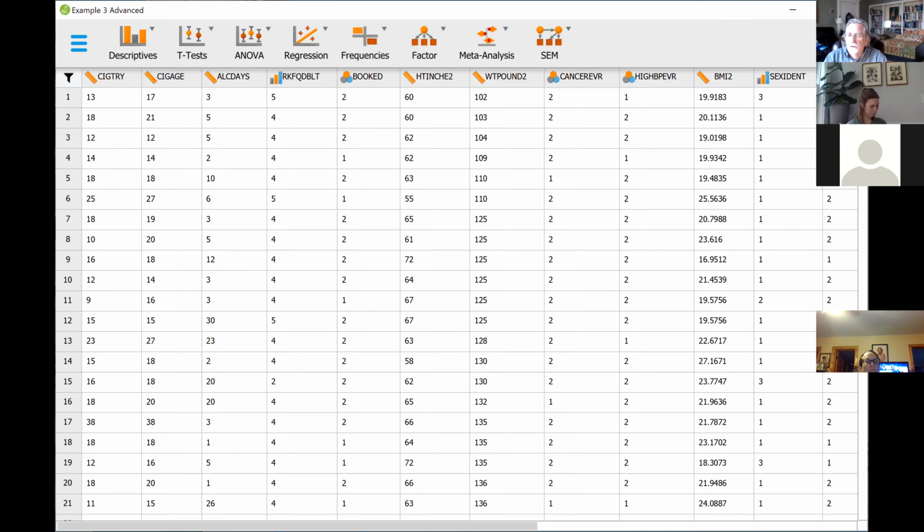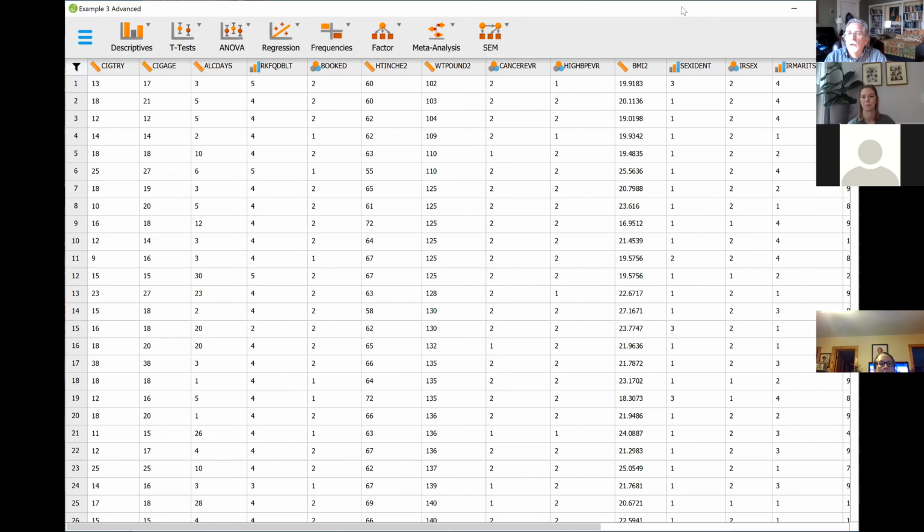So this is what this new data set looks like in JASP. And it's called Example 3 Advanced. And so you'll find it as a CSV file, and so you'll have to load it into JASP. And it does have some ever had cancer or high blood pressure or booked.